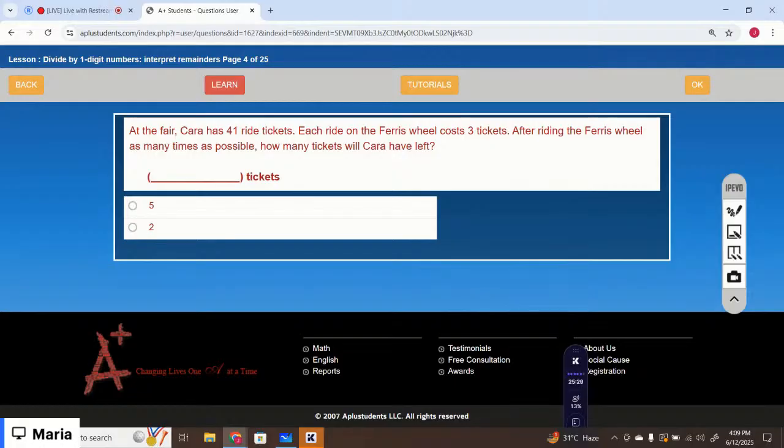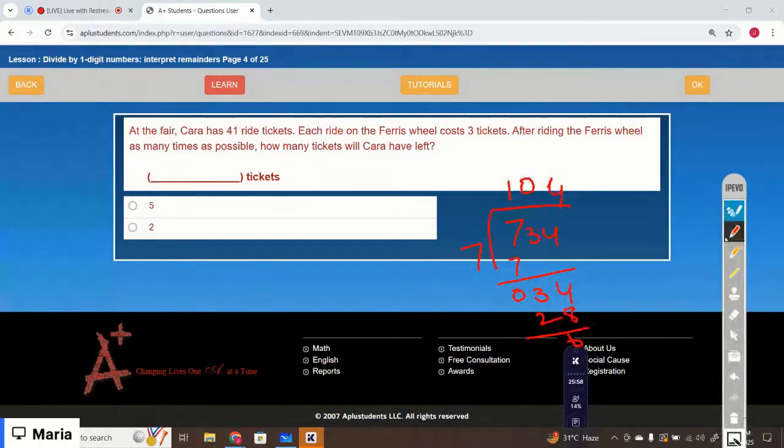After riding the Ferris wheel as many times as possible, how many tickets will Sarah have left? So 41 divided by 3. 3 times 1 is 3.